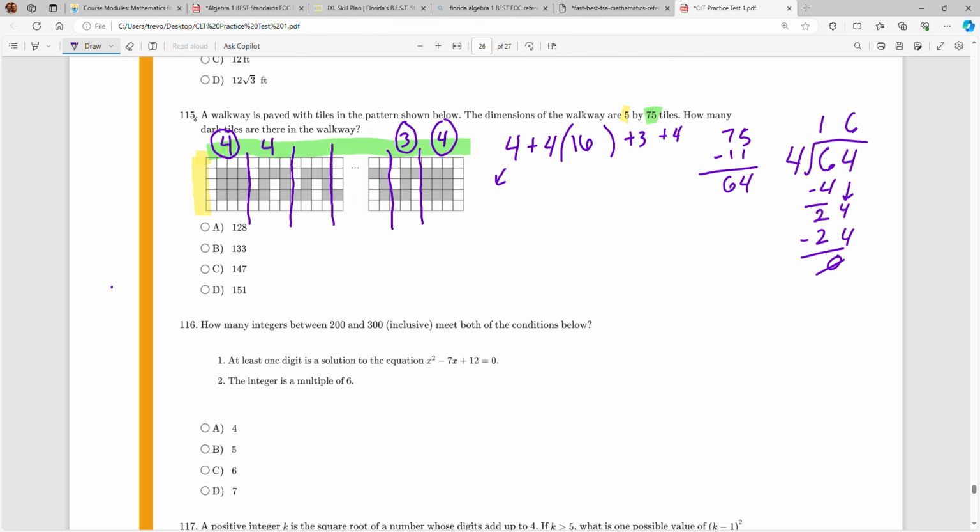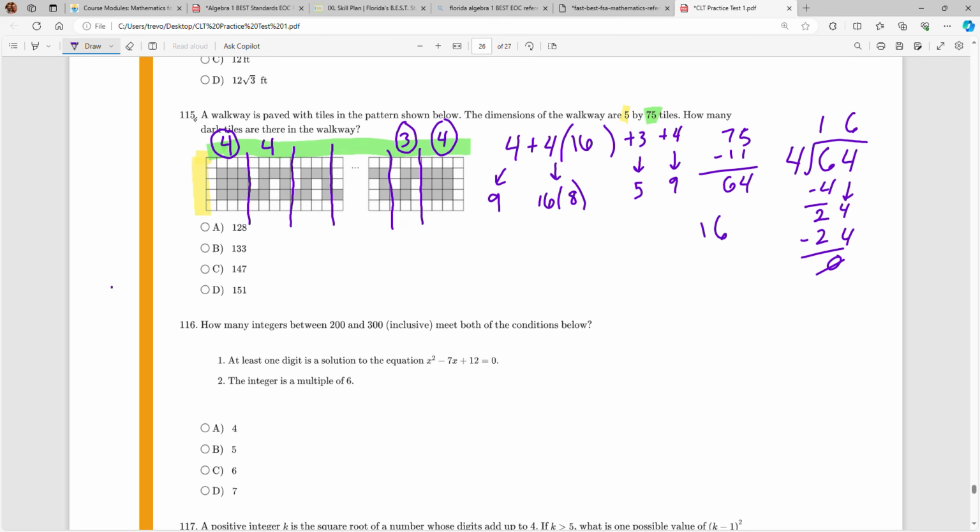So in this set of 4, I have 3, 6, 9 dark tiles. And on the ends, I have 9 dark tiles. In this little section that doesn't repeat, I have 1, 2, 3, 4, 5 dark tiles. And then in this section that repeats 16 times, I have 16 times 1, 2, 3, 4, 5, 6, 7, 8 dark tiles.